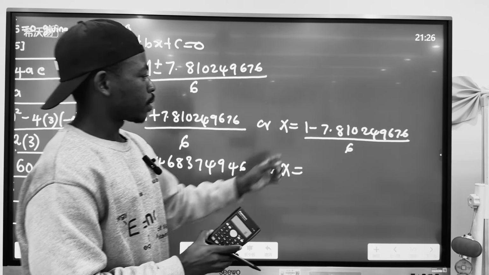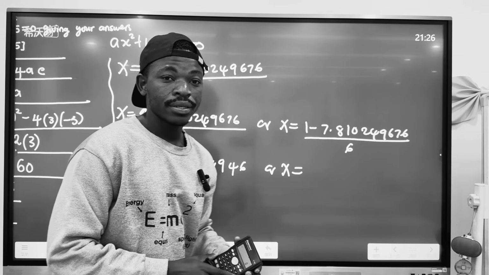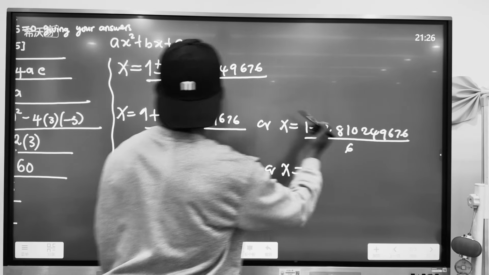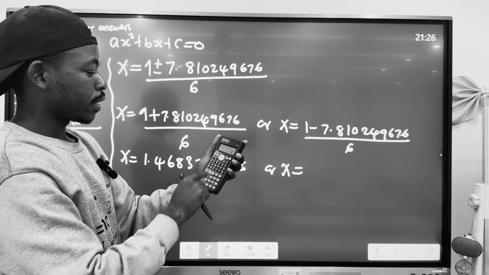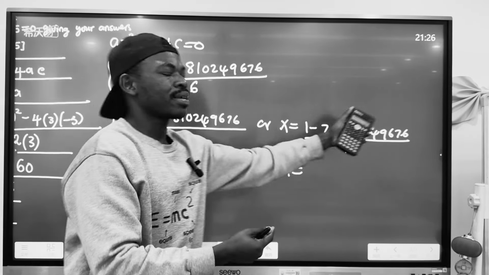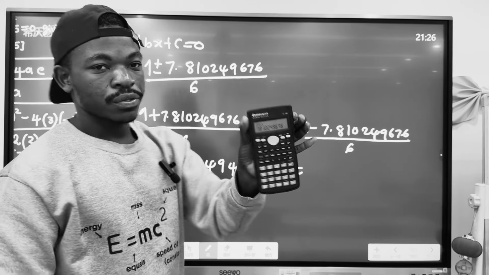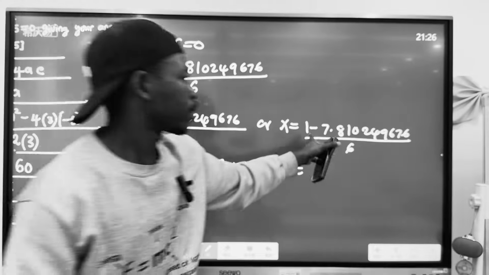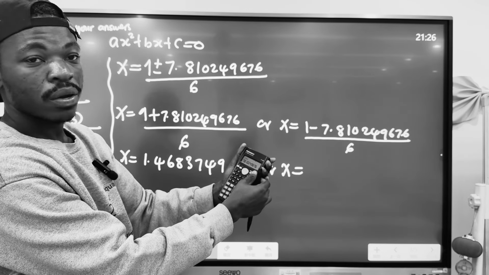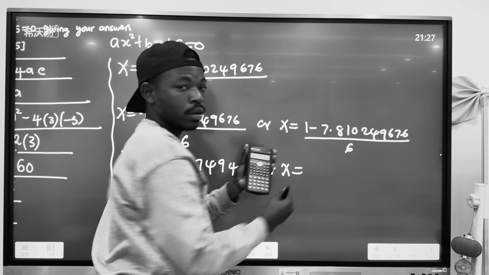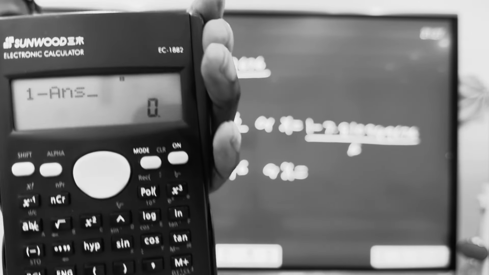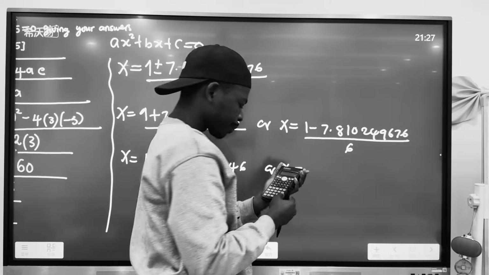Or the other value. So this one again, you can say 1 minus, you can write it down again. But I know that this was just the square root of 61. So I can just go back, because I don't want to waste time writing that again. It's this same value here. So this time around, I'll say 1 minus the answer that I have, which is this.